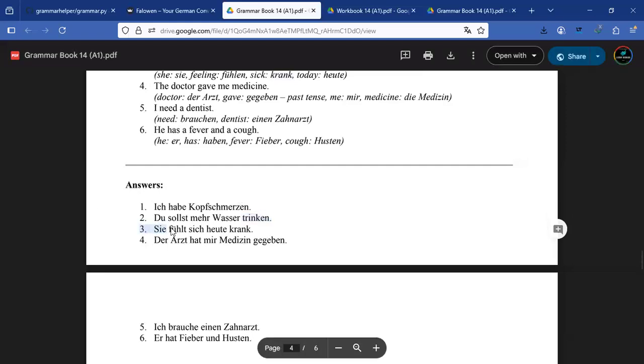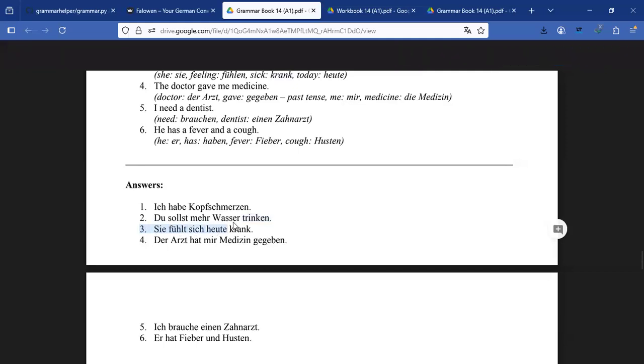Number three, sie fühlt sich heute krank. So the feeling verb always needs a reflexive pronoun. It's going to be sie fühlt sich heute krank. Number four is der Arzt hat mir Medizin gegeben. So with the past tense, I told you that the haben is always at number two, and the conjugated verb goes to the last end.